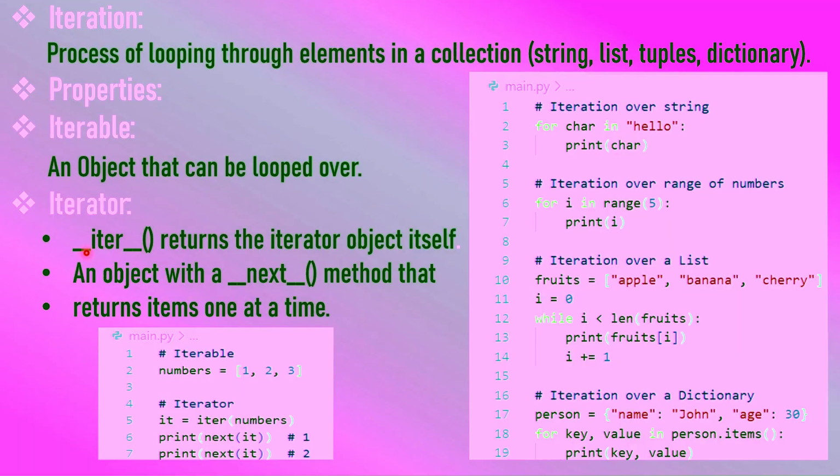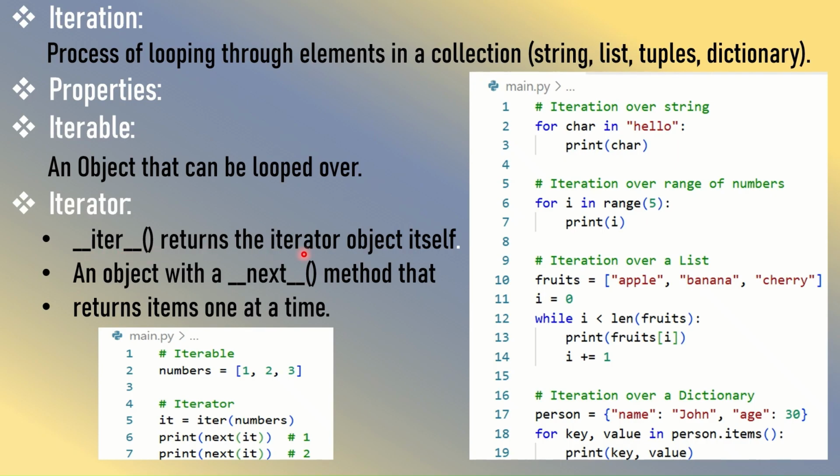So it first calls this method, which returns the iterator object, and with this iterator object, whenever it calls the next method, that returns the items one at a time. So with the help of the iter and next methods, Python will iterate over a collection of elements.